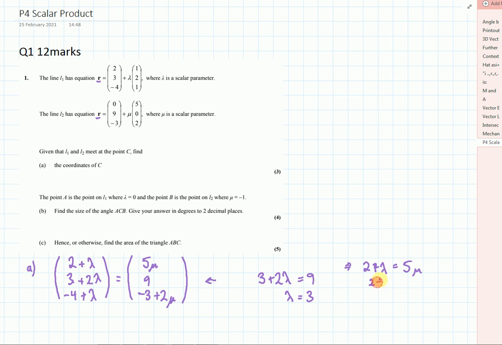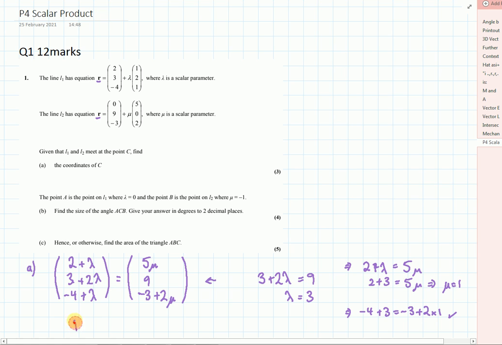So that's 2 plus 3 equals 5 mu, tells me mu equals 1. And check with the last equation that the lambda and the mu both work. Minus 4 plus 3 equals minus 3 plus 2 times 1. That's negative 1, and negative 1 is correct. So this is an intersect.